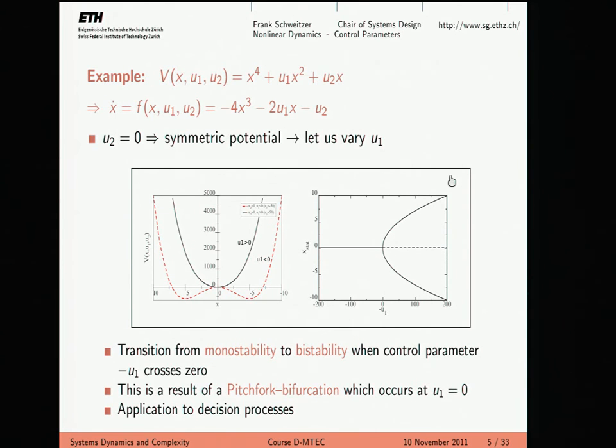All right? And how you look at it is the following. If u1 is minus 50, we have one stable stationary point here, which is given by something close to minus 5. Another one here, which is something close to 5. And an unstable one at 0.